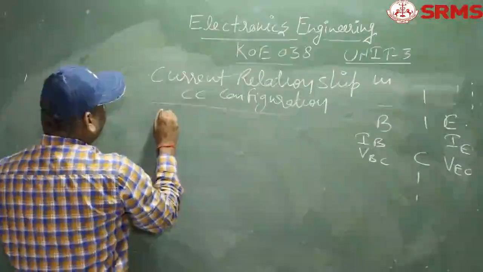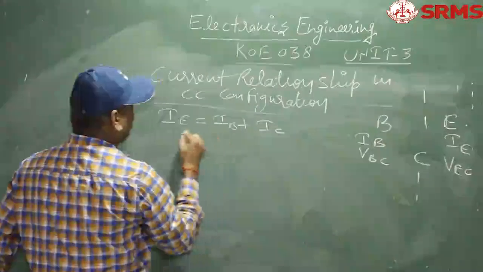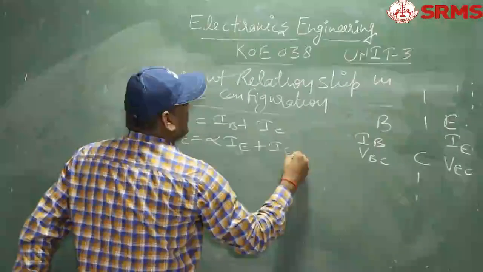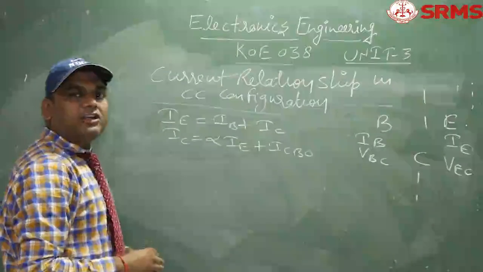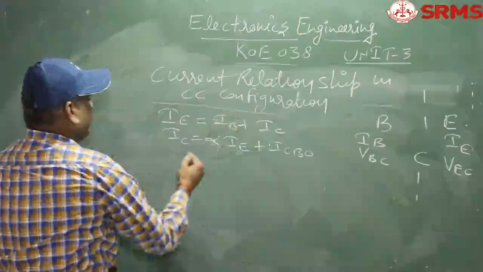It is well known to all of us that IE is equal to IB plus IC, and IC is equal to alpha times IE plus ICBO. We want to eliminate the collector current, that means IC. Now look here.